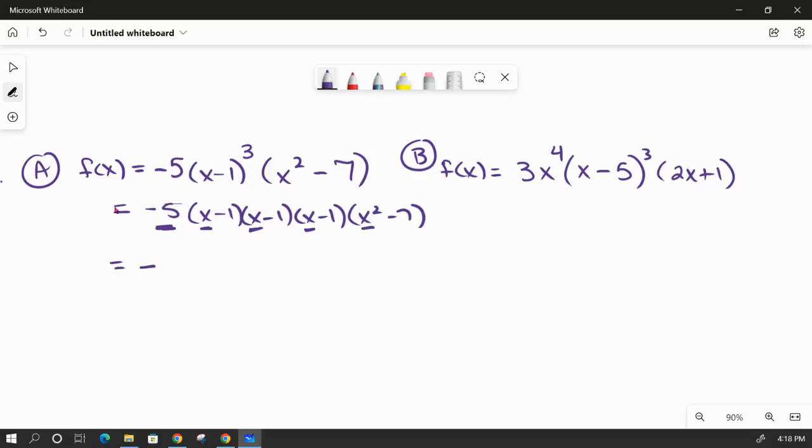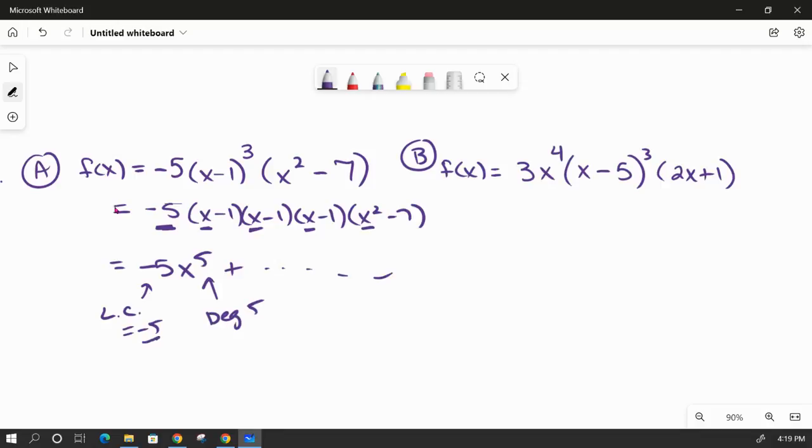That will tell you that the leading coefficient is going to be -5, and if you multiply the x's, 1, 2, 3, 4, 5, you have x to the 5th power. The rest of the terms really don't matter when it comes to your end behaviors. So your leading coefficient is -5, and your degree is 5.